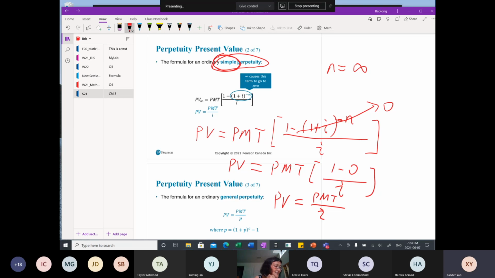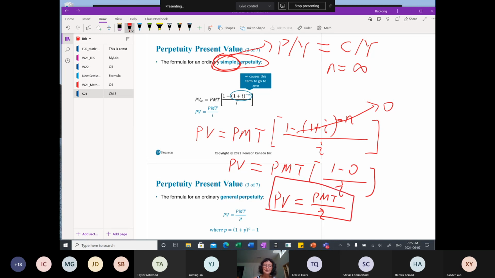Simple means that the CY is equal to the PY. Fantastic, Leandra. Simple means CY equal to PY. Excellent. So when PY equals CY and it is perpetuity, the present value formula is this.